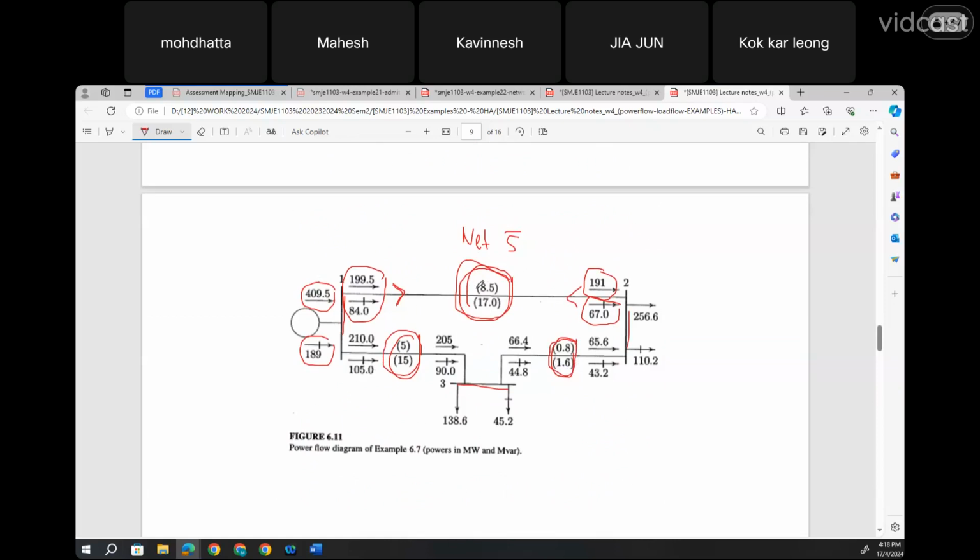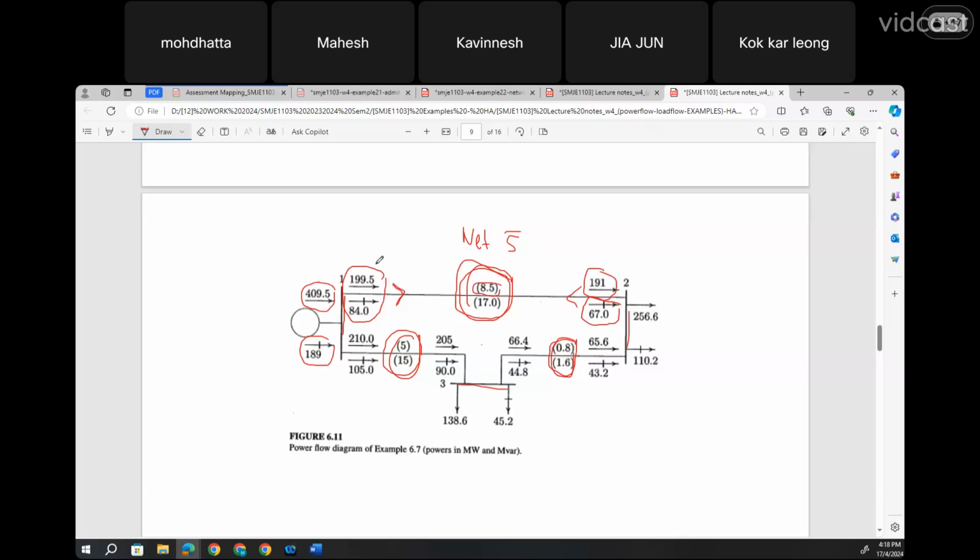And if you see, you have 8.5 watt losses when you try to transmit 199, and at the receiving end, you have 191 power that can be used, and the balance is losses around the transmission line.